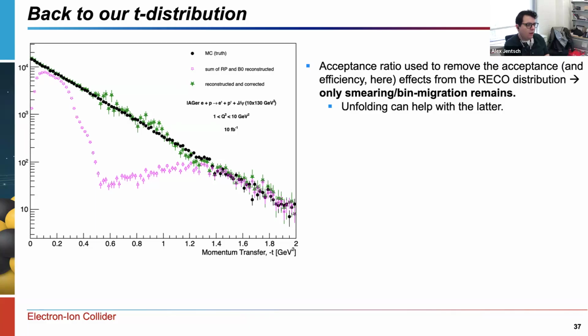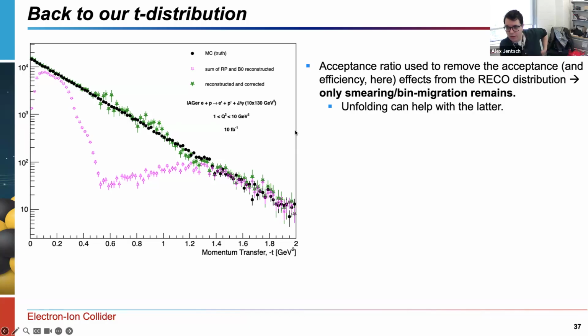And what you have left over after you've done the correction, you can still see some obvious migration in the binning. That makes sense because we haven't corrected for that part. All we've corrected for is the acceptance. The beam effects that are present in the samples and the detector resolutions are all still there. If we want to handle those components, that's where an unfolding can help.